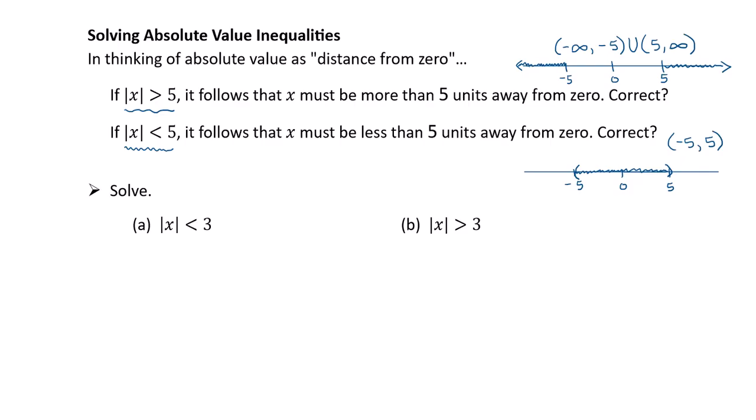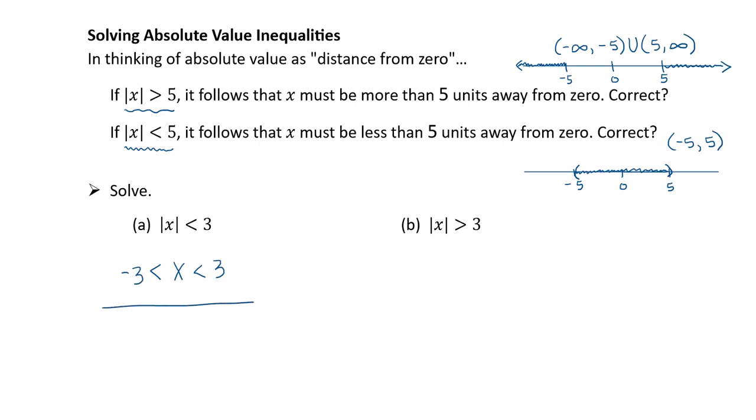Let's solve these absolute value inequalities. First, the absolute value of x is less than 3. Well, I know that if x is less than 3, then the numbers that I would want to shade on the number line are less than 3 units away from 0. x is going to be less than 3, but at the same time greater than -3.